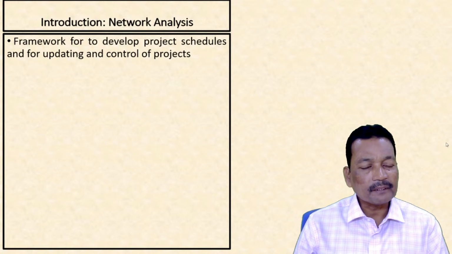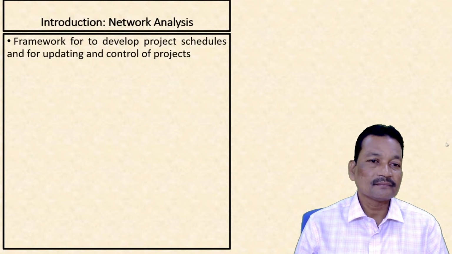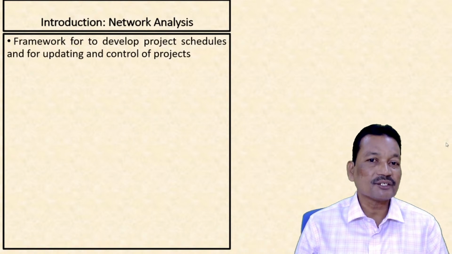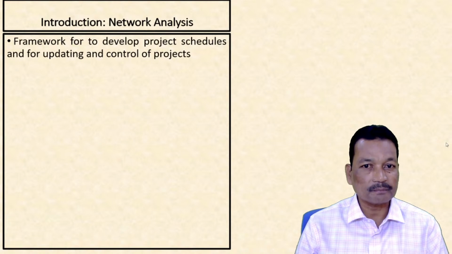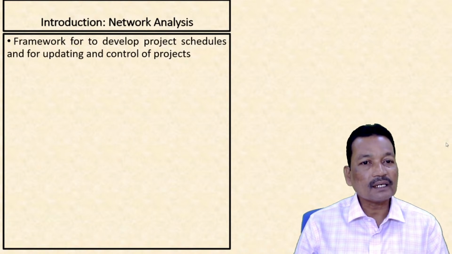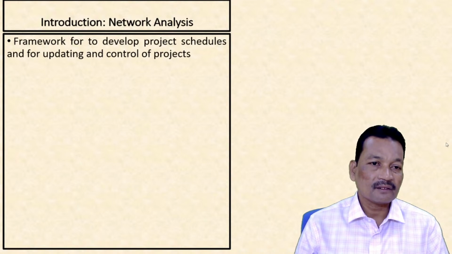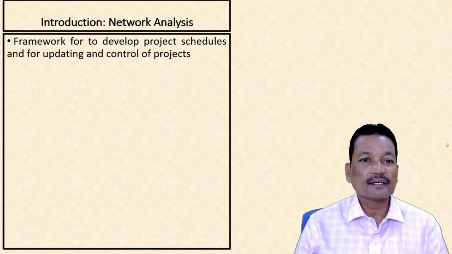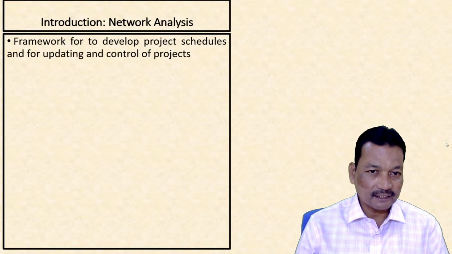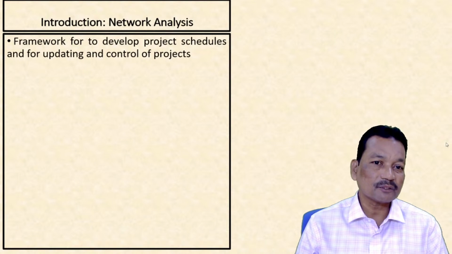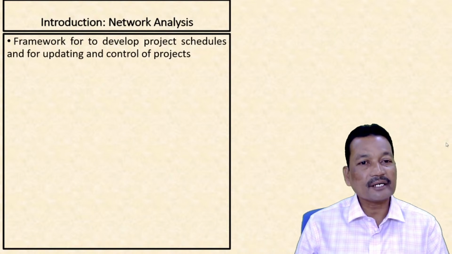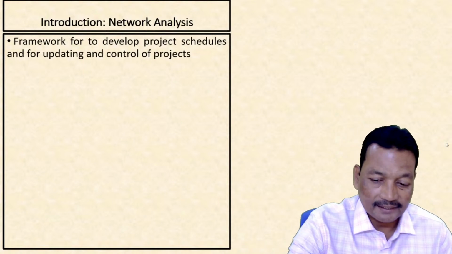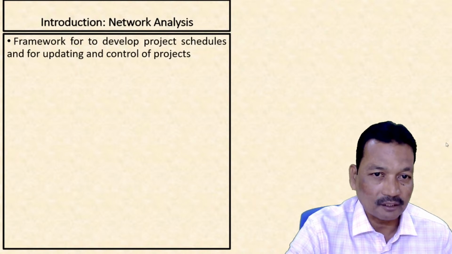As we implement the activities, we can compare our estimate at the planning stage for completion of activities in terms of time with what has actually been done, so that we can update ourselves and take control measures. Are we lagging behind on any of the activities in terms of time? If so, how can we make up? Otherwise, the whole project schedule will lag, or it will have a time overrun.